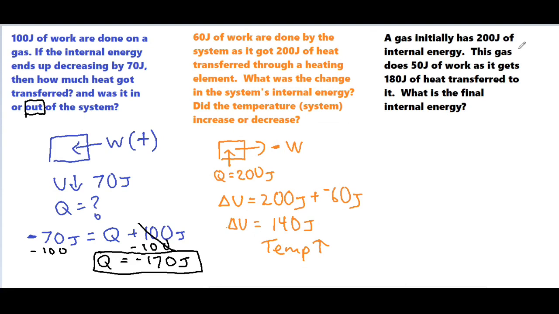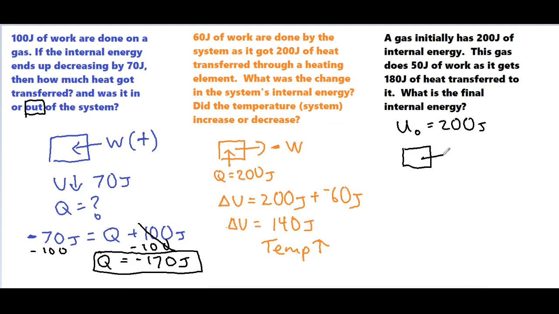A gas initially has 200 joules of internal energy. So it has, we'll say, a U naught of 200 joules. This gas does 50 joules of work. So again, taking a look at a few keywords is going to be really important in picking up the sign and whether the energy is entering or leaving the system.